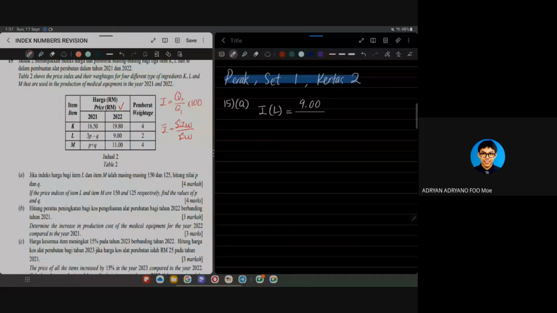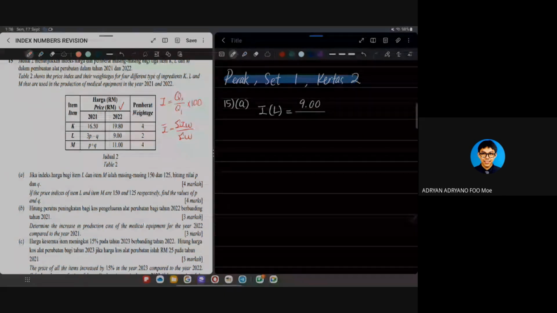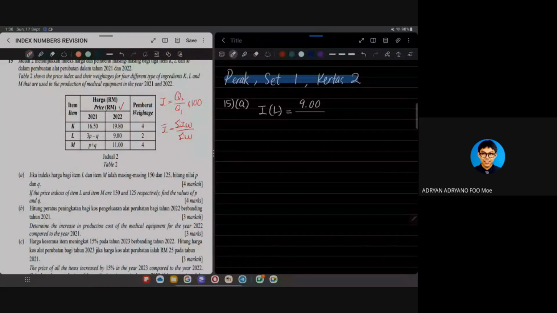We put inside what we calculate. 它这里给9.00，我们就放9.00。OK so 9.00 over 3p minus q times your 100. Don't forget this. Okay. Afterwards, you can write what? 150 equal 9.00 over 3p minus q times 100.